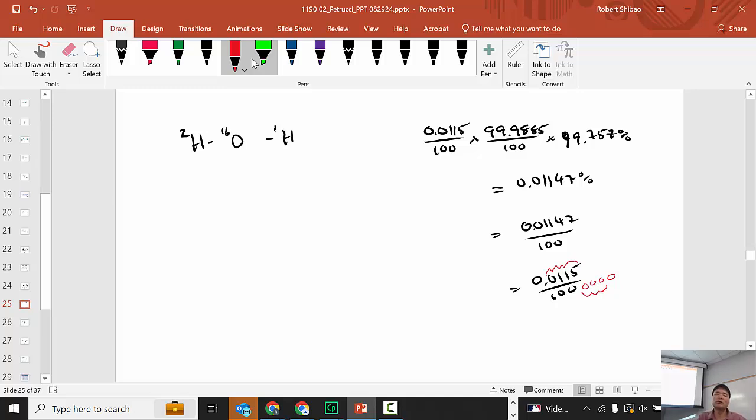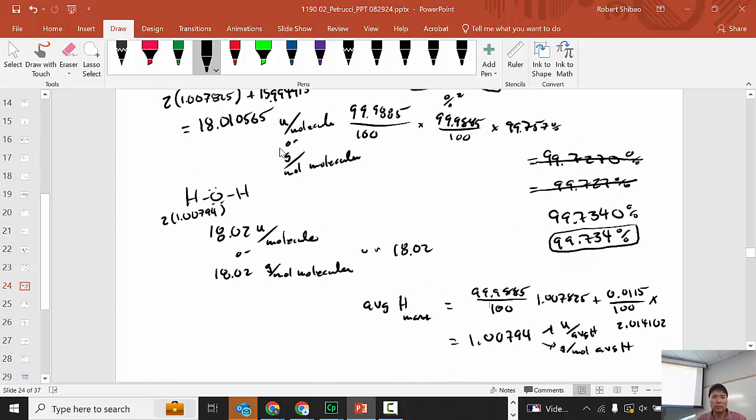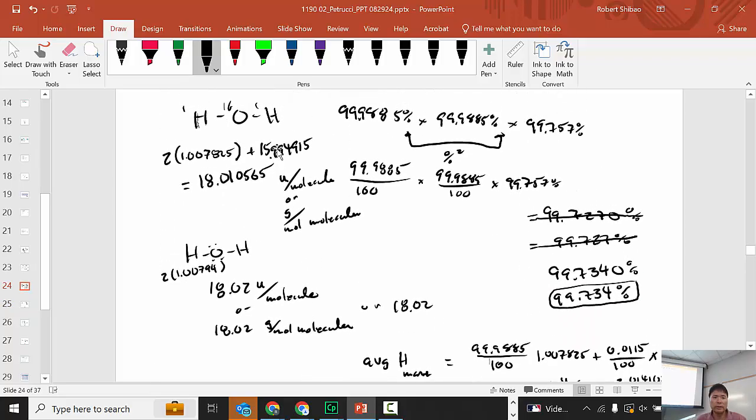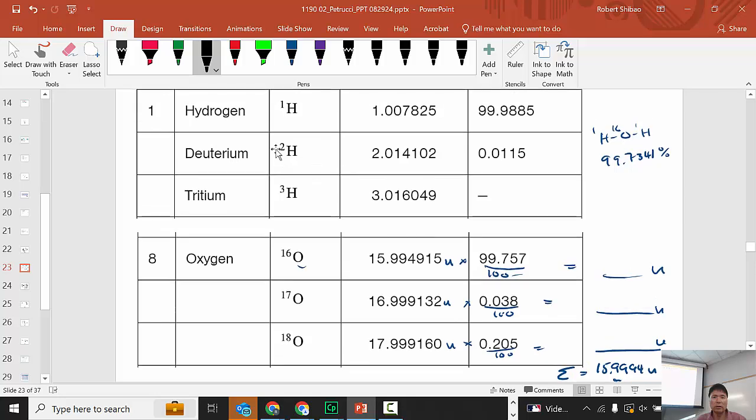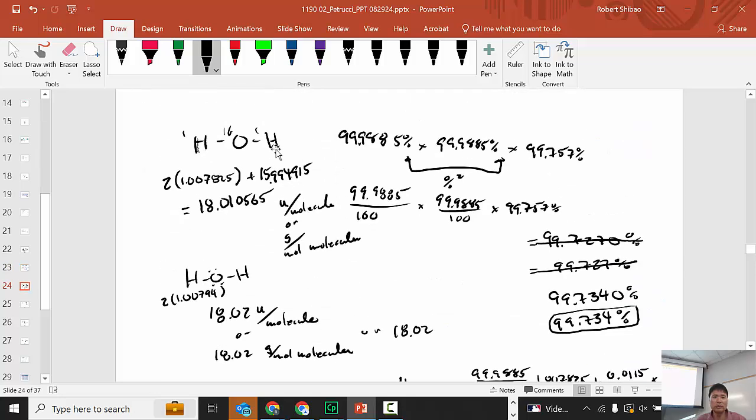All right, this one's going to weigh a bit more. You know, not twice as much because, you know, this is 2.0. What was it? 2.014102.